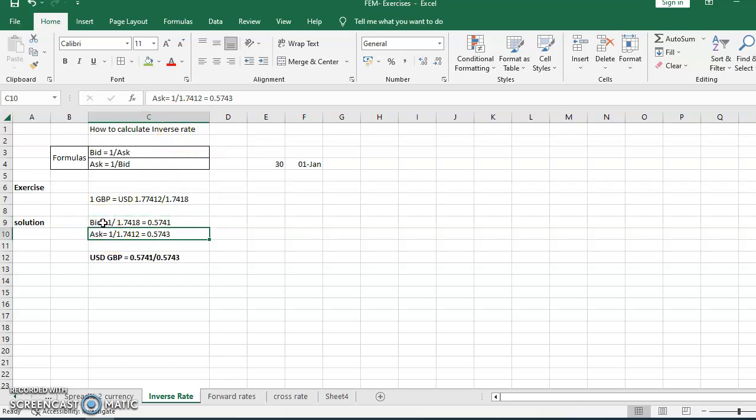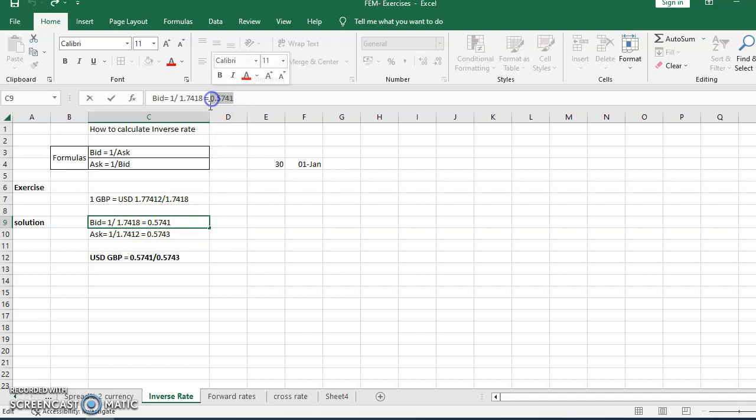What is the formula for calculating the inverse rate of the bid? It is 1 over ask, or 1 divided by ask. So I take 1 divided by the ask, which is 1.7418. So 1 divided by 1.7418 is equal to 0.5741.